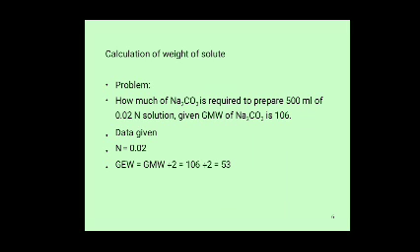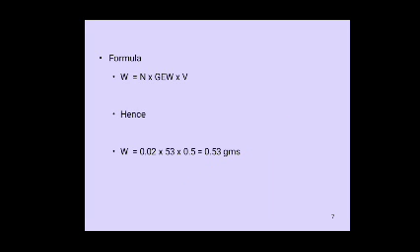Therefore, 106 by 2 is equal to 53. Volume of solution is 500 ml or 0.5 liters. Formula: W is equal to normality into gram equivalent weight into V in liters. Hence W is equal to 0.02 into 53 into 0.5.